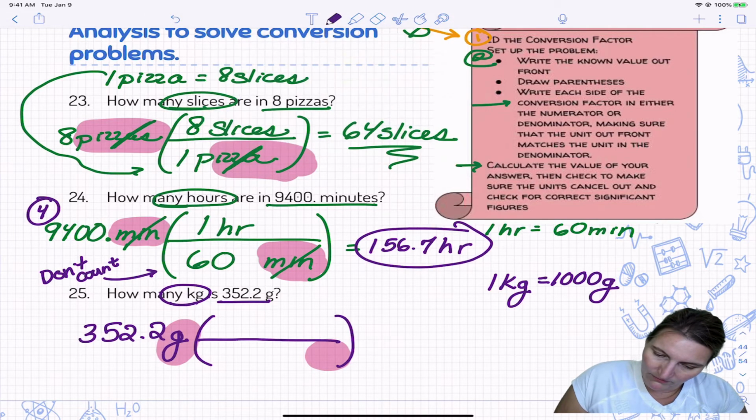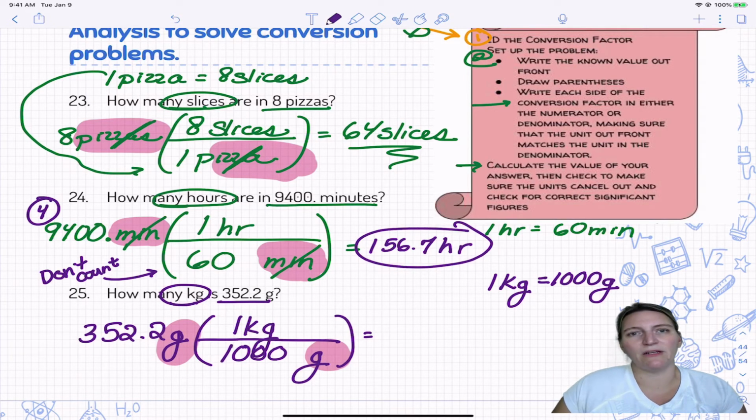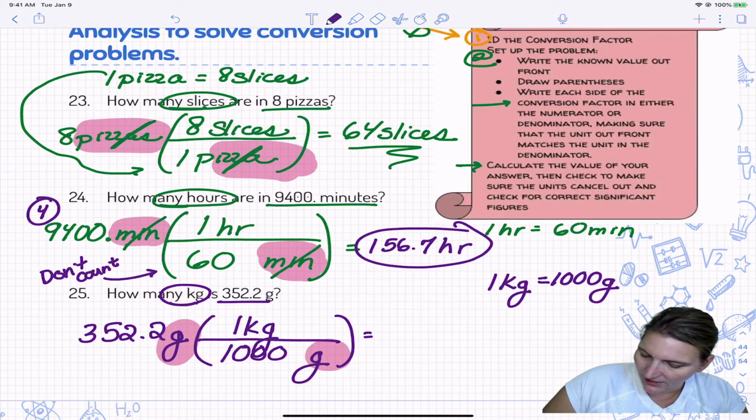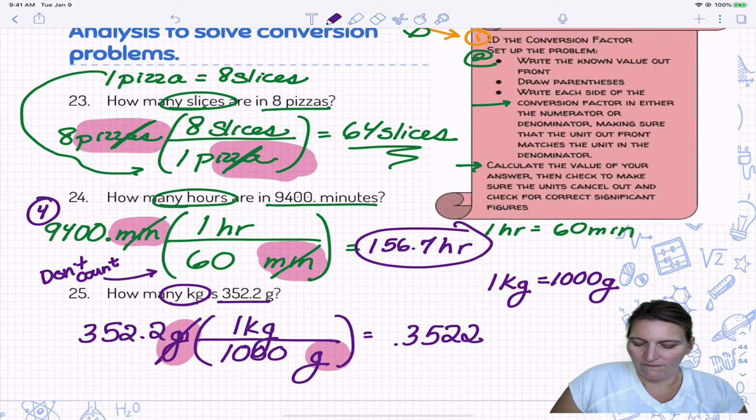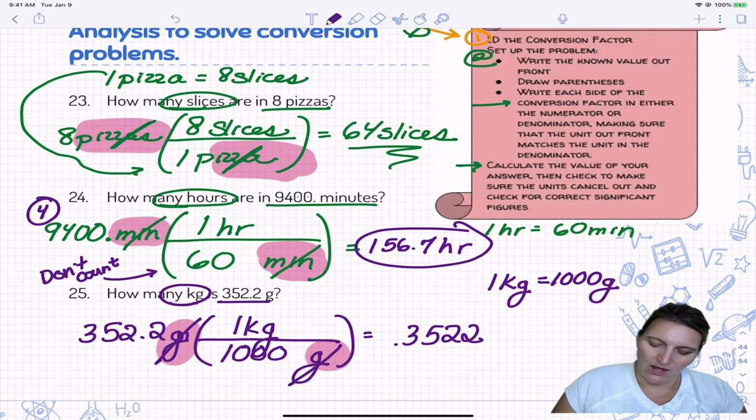So 1,000 grams in the denominator, 1 kilogram in the top. And then again, I plug it into my calculator. So 352.2 divided by 1,000, and I get 0.3522. Those units, outside and bottom, should always be the same so that they cancel. And the only unit that is left is kilograms.